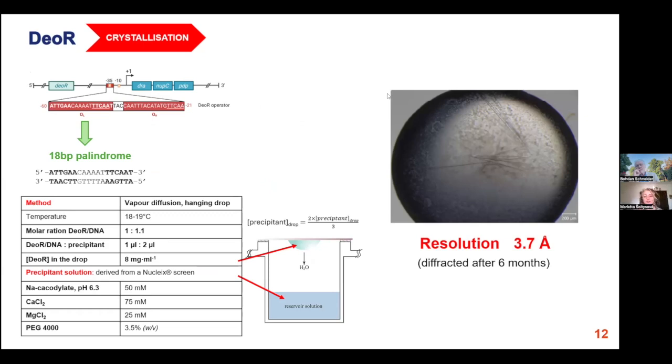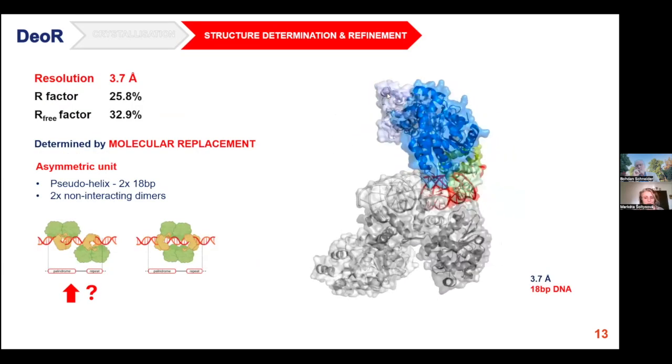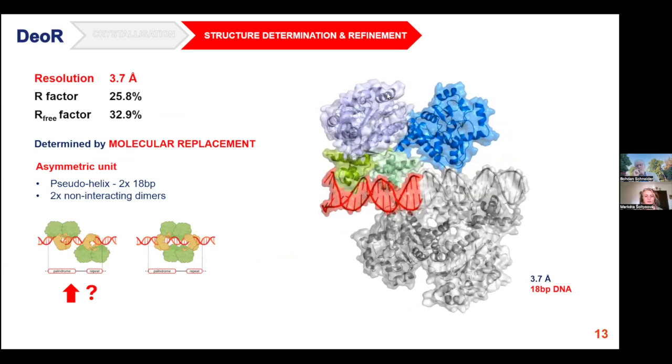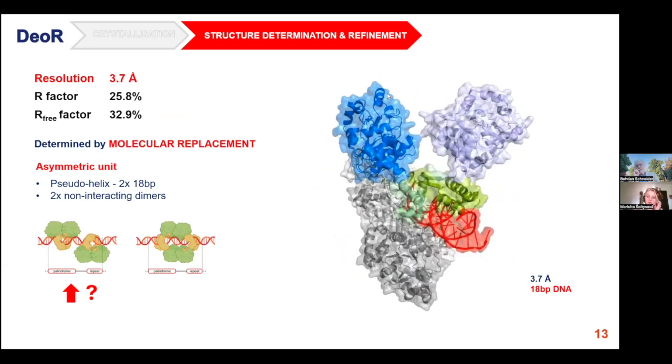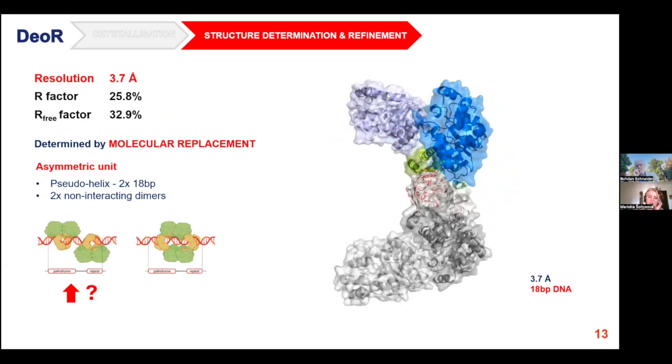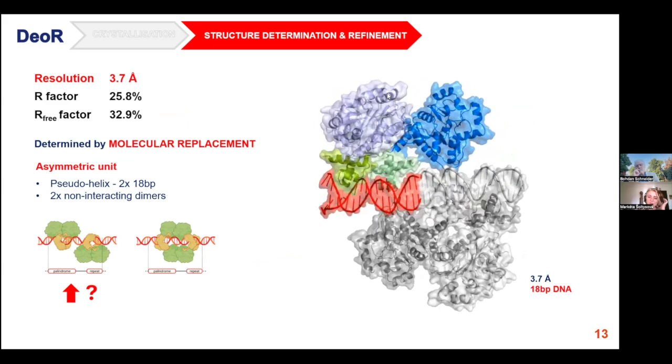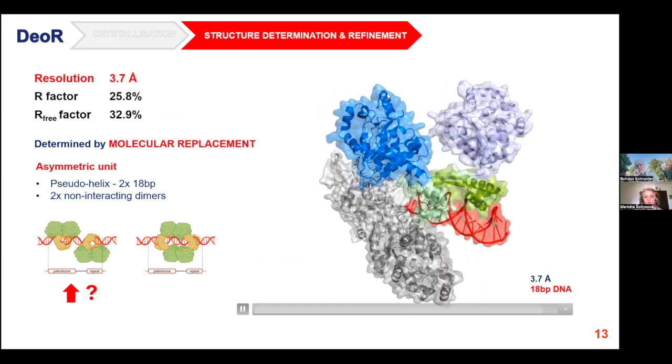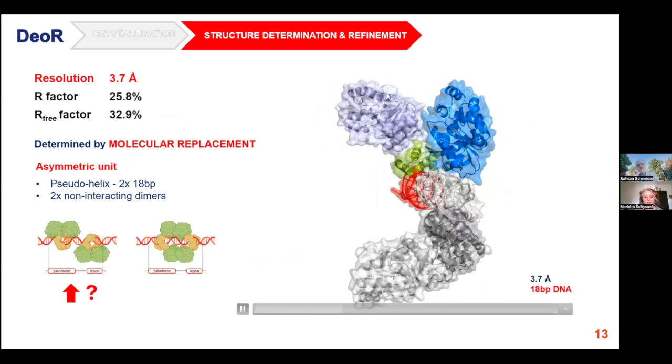And the grown crystals, after quite a long waiting time, eventually diffracted to an acceptable resolution of 3.7 angstroms. So the structure could be determined, and here is a built model of the asymmetric unit consisting of two non-interacting dimers, each bound to one palindrome.